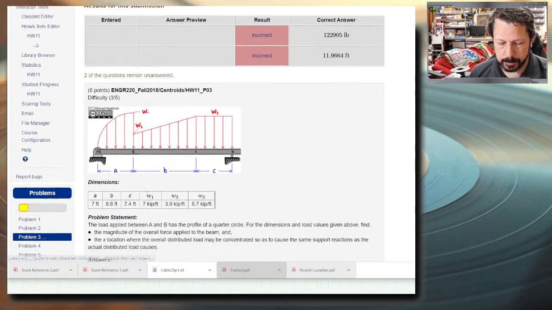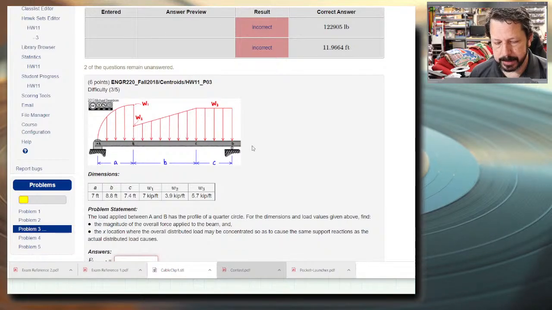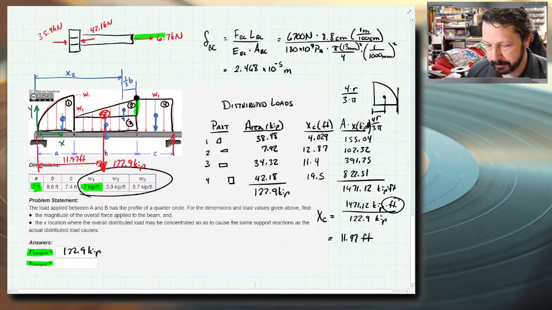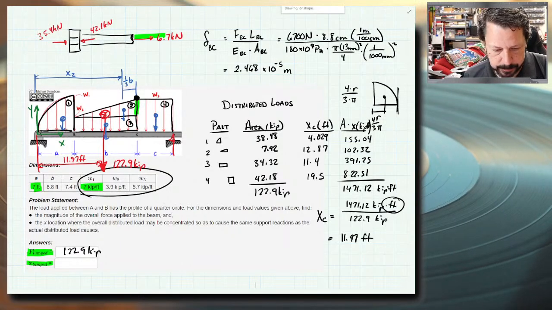This particular one has so many distributed loads that it takes a while to do. This one's probably a bit much for that. If this one didn't have the triangle in the middle, or didn't have the quarter circle on the end, then yeah, I could see this being an average-level problem. Still a little tough, but it would be in that range.